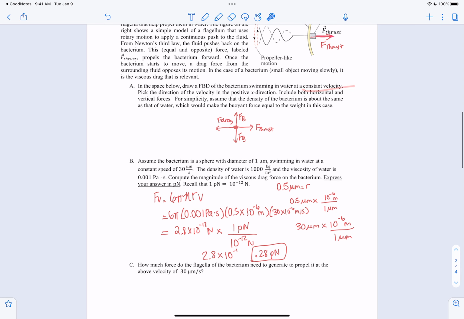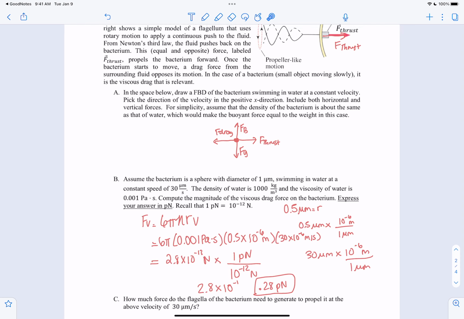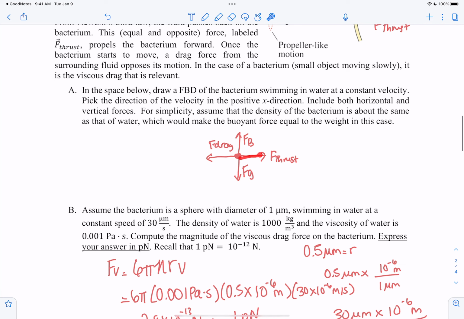Since we said that our F thrust is equal to our F drag, because that bacteria is moving at a constant velocity. What did I say earlier about our drag forces being equal to the other forces along the same axis that the drag is pointing in? What did I say earlier about that?